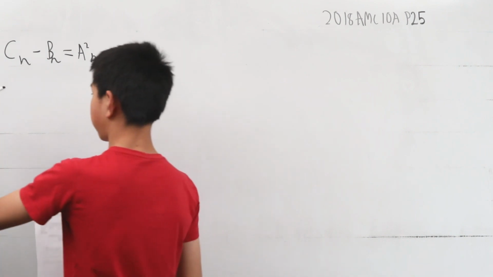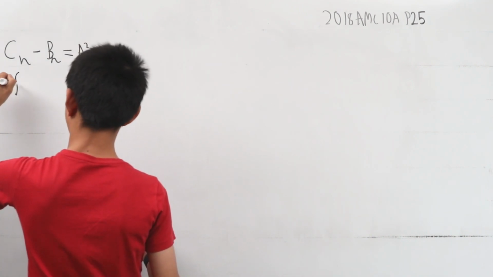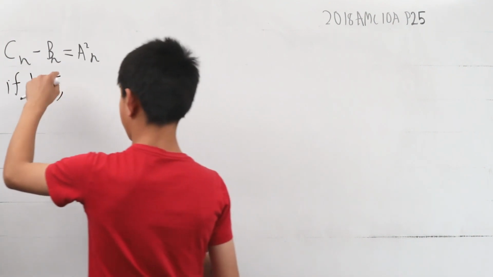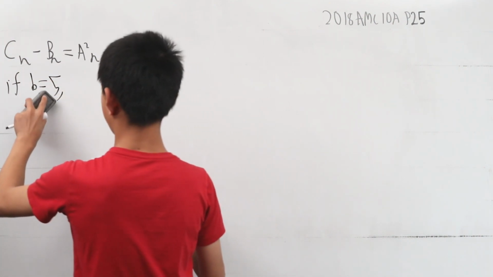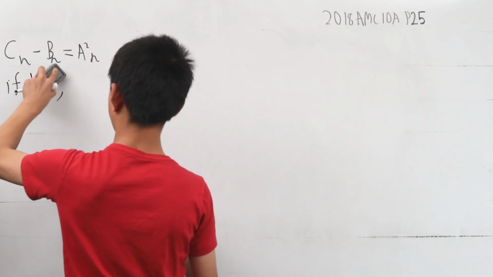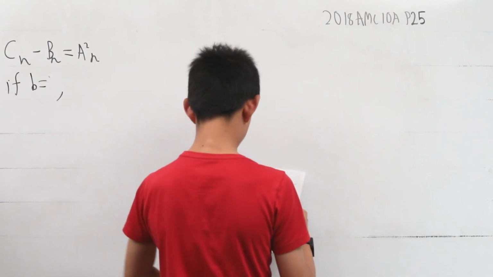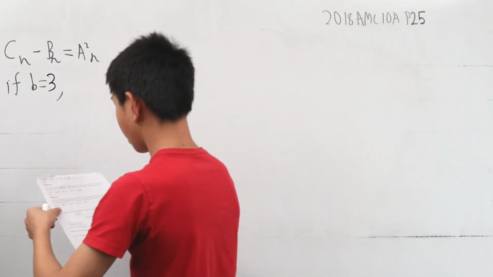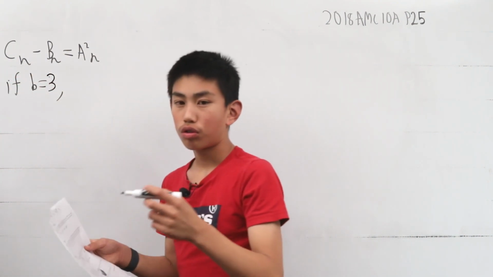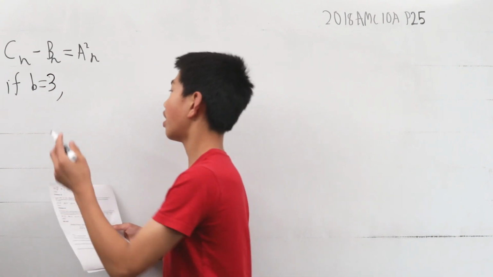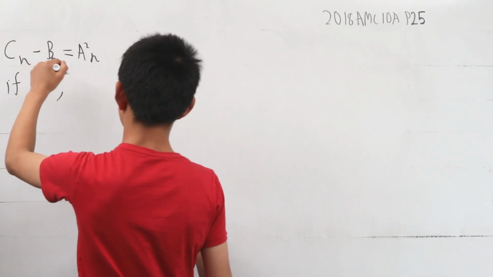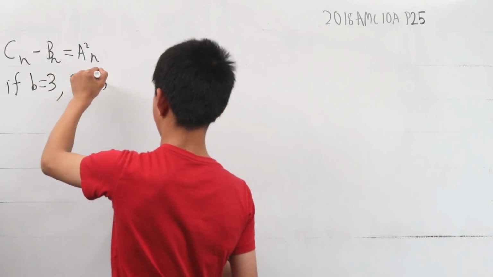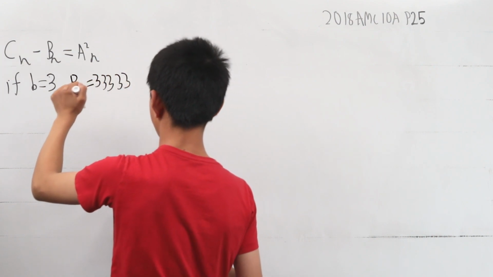So, if b was 3, and n is like 5 or something, then that means b sub n would be 3, 3, 3, 3, 3.